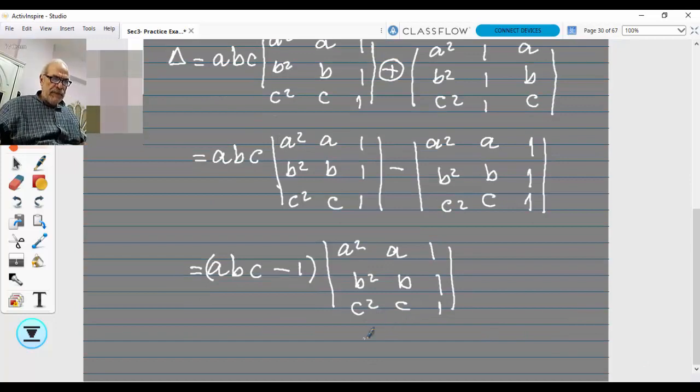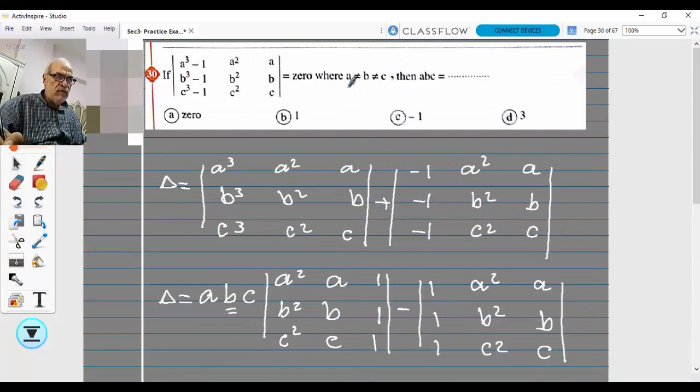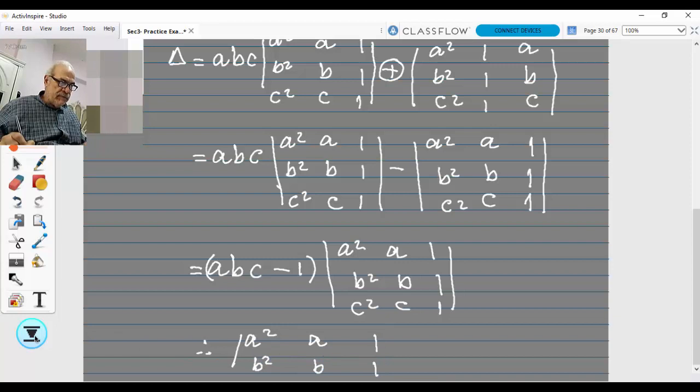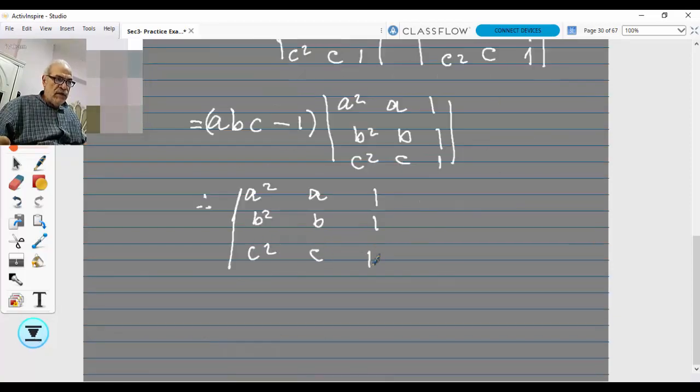Note that A not equal B not equal C. It is given here. So the value of this determinant, A square A 1, B square B 1, C square C 1, does not equal 0, but this product equals 0, right?